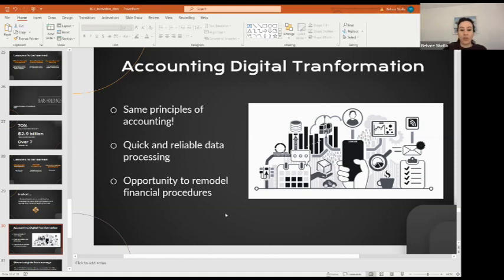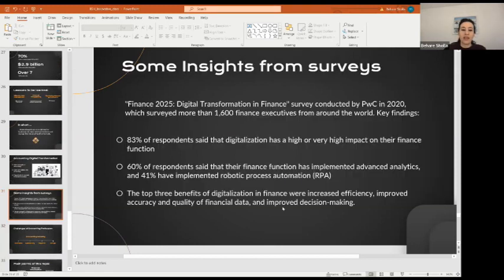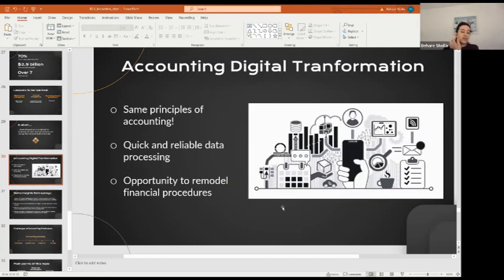We have quick and reliable data processing software that has increasingly sped up the accounting process, but also has provided opportunities to remodel financial procedures. So many companies have invested in transforming the accounting system and investing in the most up-to-date and fast financial software.